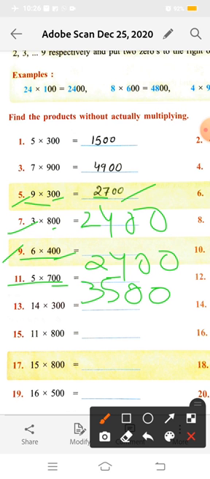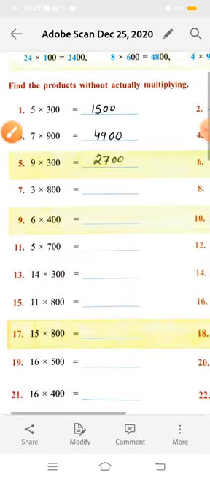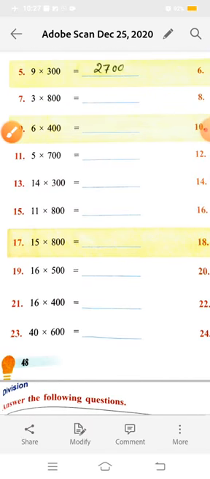Okay, do questions number 6, 8, 10, 12, 13, 14, 15, 16, 17, 18, 19 and 20, and also 24, till 24, on page number 48 in homework. Okay, now we will do page number 49. It means what you have to do on page number 48, you have to do the remaining questions till number 24.